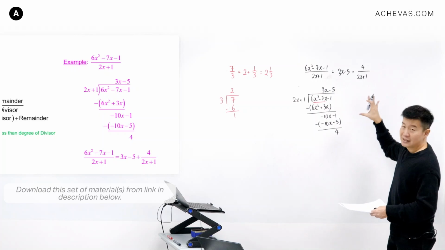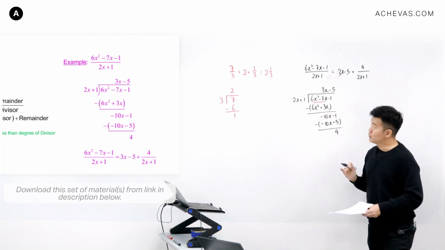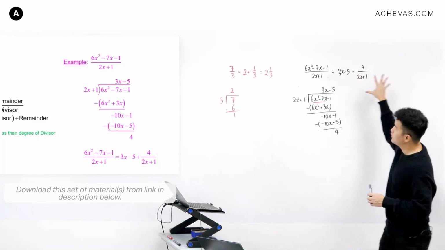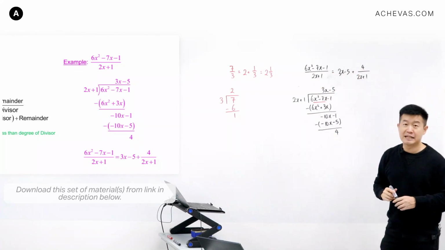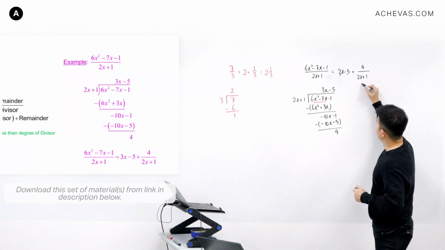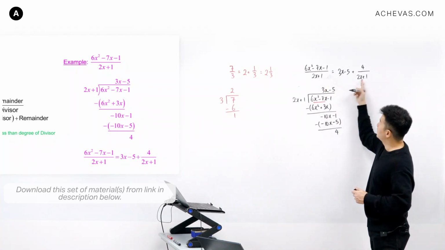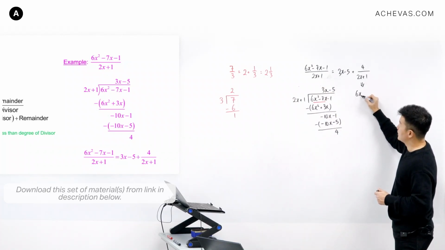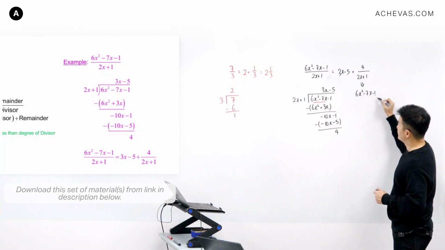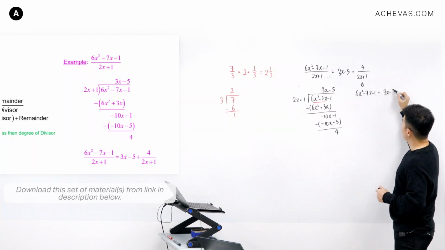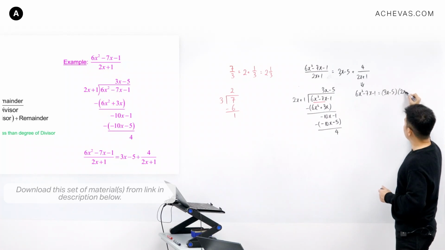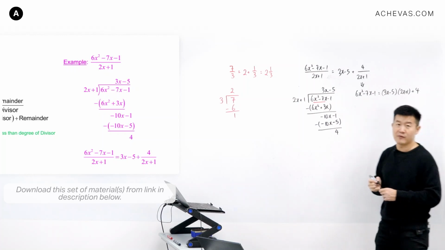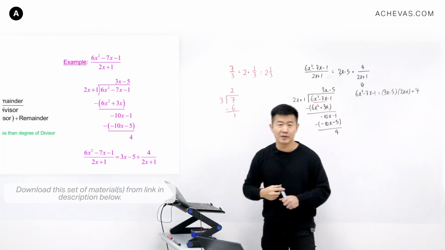We can definitely re-express this further, because if I multiply this throughout by the denominator, 2x plus 1, then on the left hand side I'm left with 6x squared minus 7x minus 1. This is equal to 3x minus 5 multiplied by 2x plus 1, plus 4. This expression here is actually going to be very, very useful. I'm going to be discussing this next.